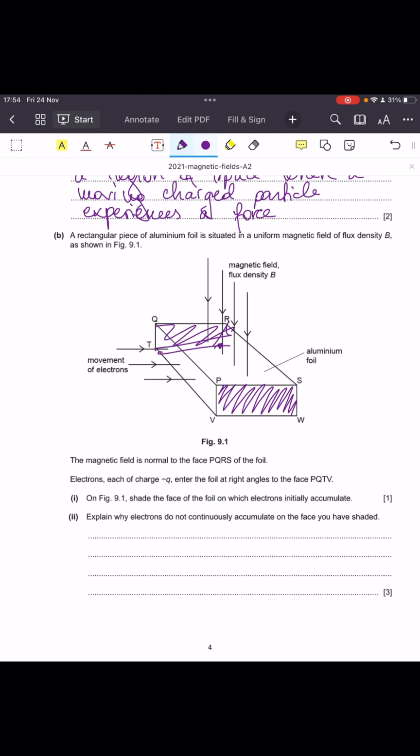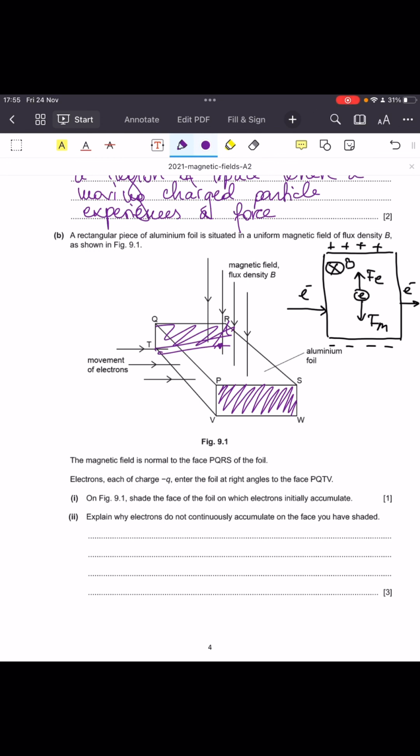So the electrons will also start to experience an electric force. At some point, the electric force will be equal to the magnetic force, so the electrons will stop accumulating.